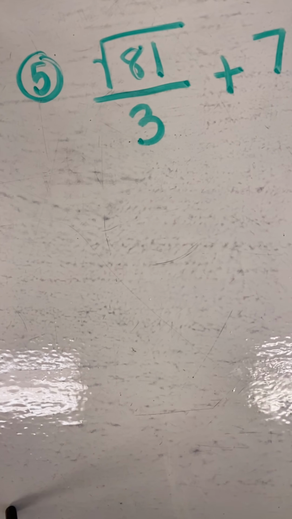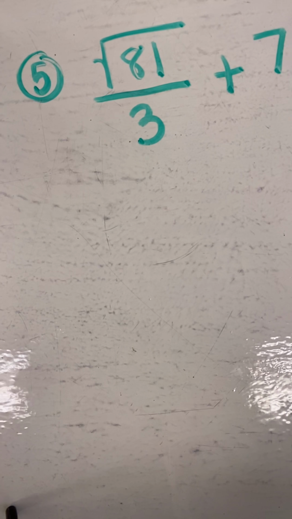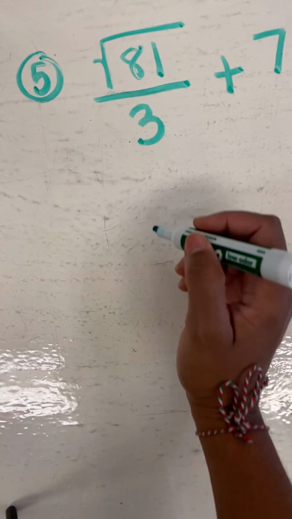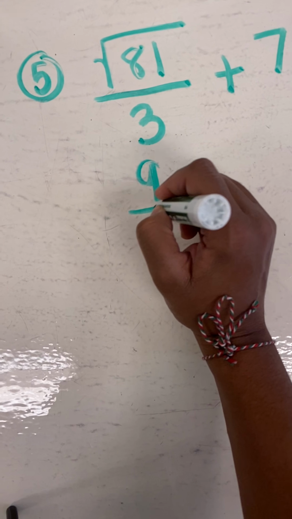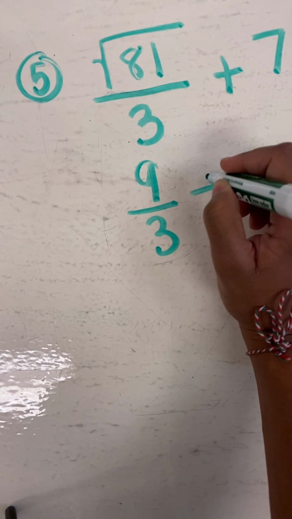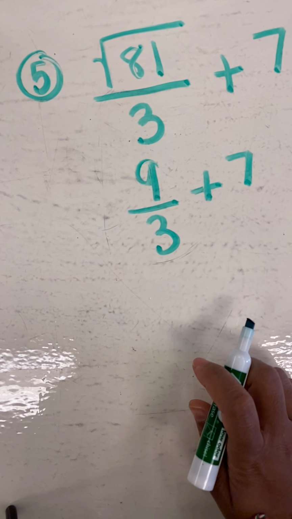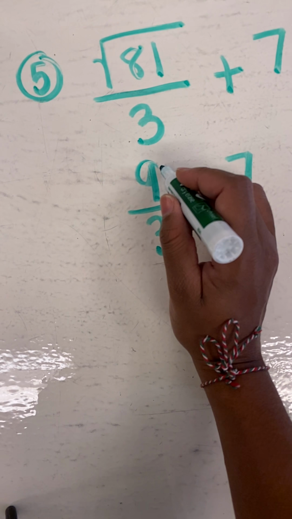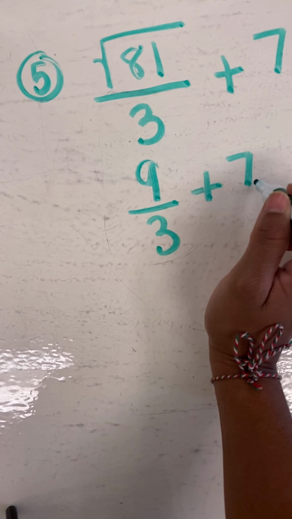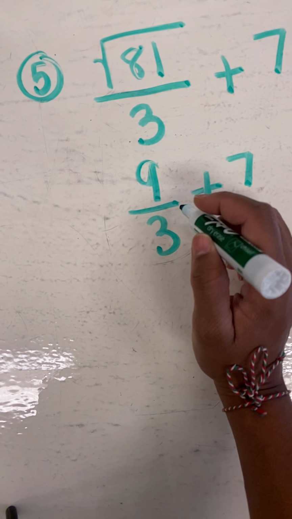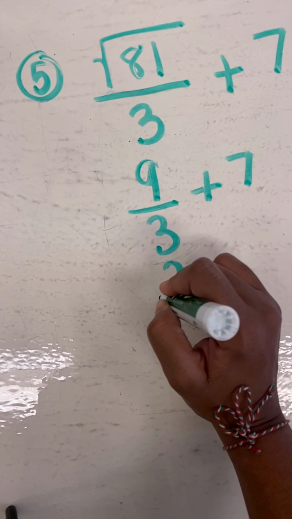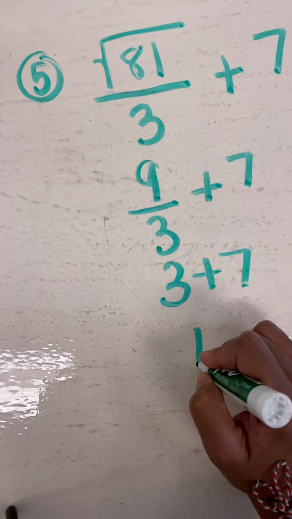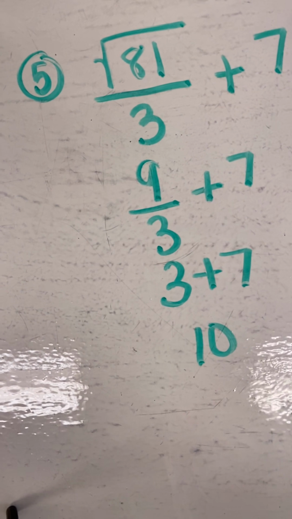Square root of 81 is, check out your list, bam, square root of 81, perfect square, is a 9. Drop down everything you didn't use. You didn't use the divide 3, you didn't use the 7. Your next step is going to be to divide. Order of operations says you have to multiply, divide before you add, subtract. 9 divided by 3 actually comes out to be a nice number, 3. And then 3 plus 7 is 10.